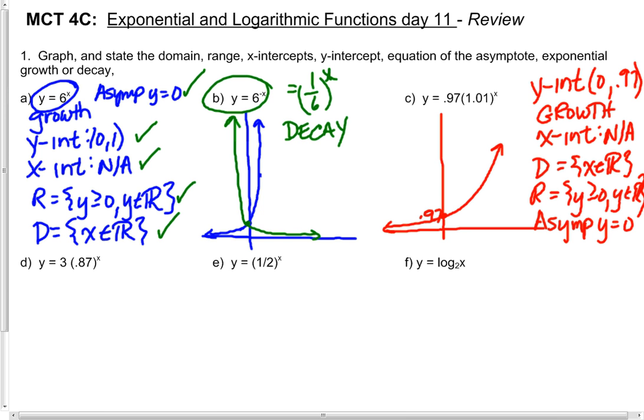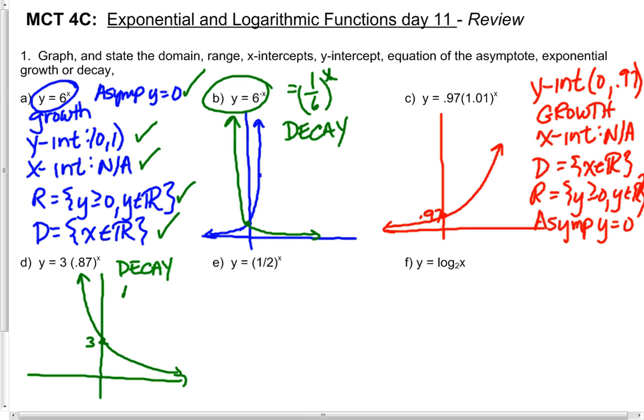Y equals 3 times 0.87 to the x. So we start with something with a value of 3. So that will be our y-intercept. This is going to be exponential decay because its rate of growth is less than 1. So it's going to do that.